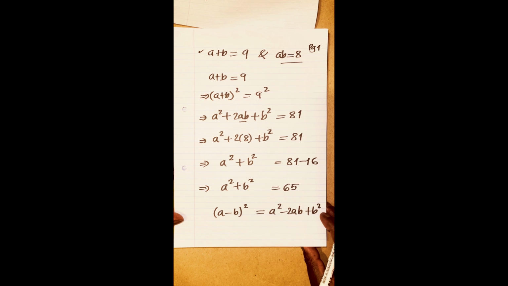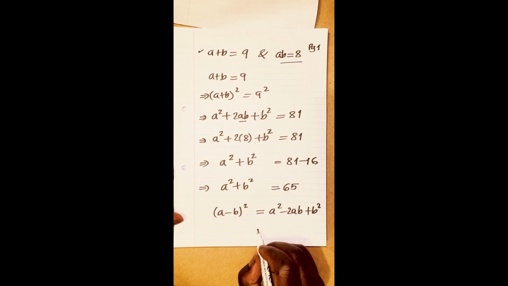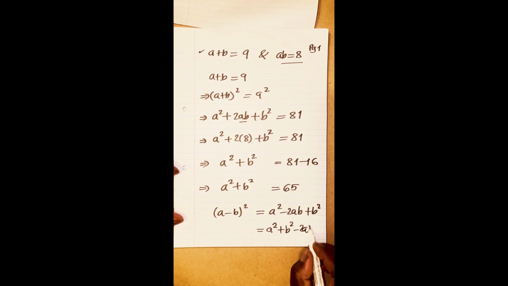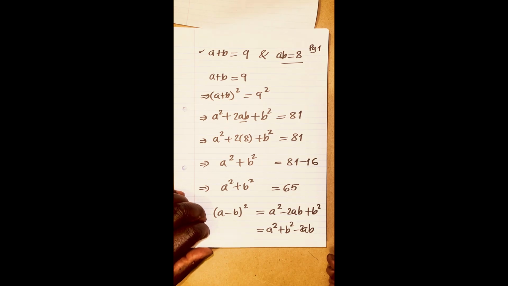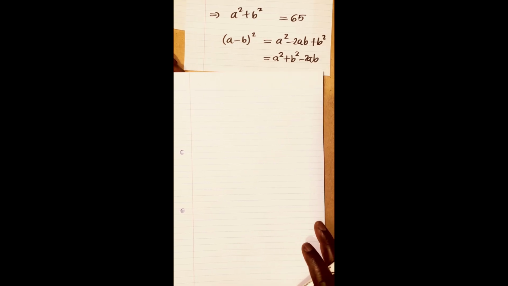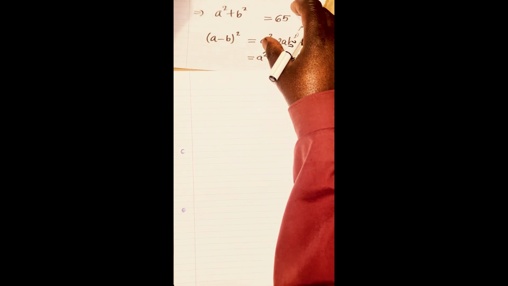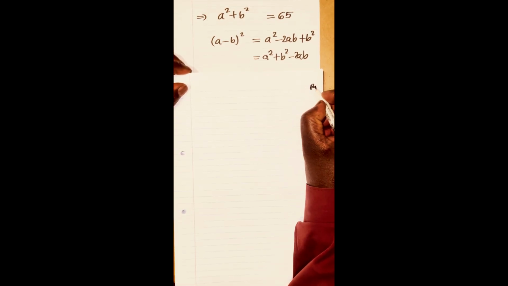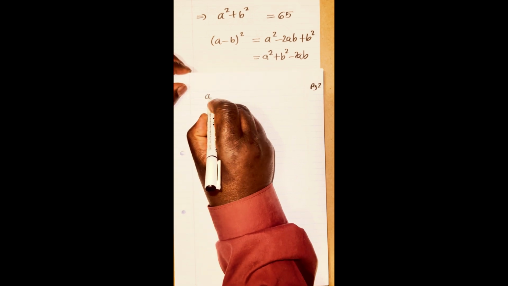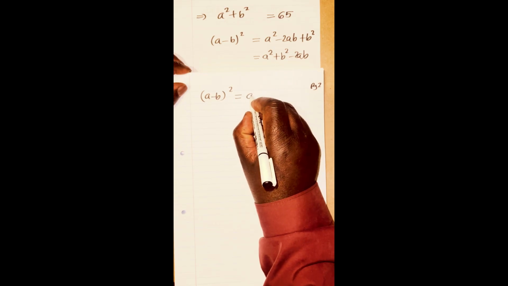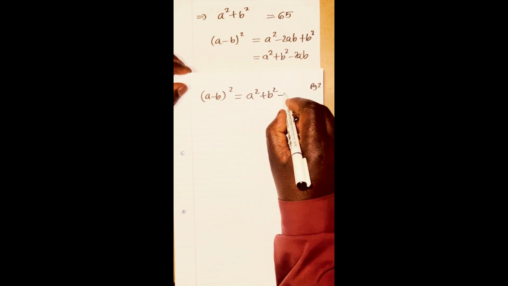We can rewrite this as a squared plus b squared minus 2ab. Taking this to page 2, what we have now is a minus b all squared is equal to a squared plus b squared minus 2ab.